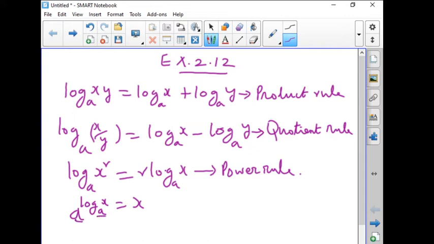We can also take it as e power log x is equal to x. Also we have the change of base rule. Log x to the base b into log b to the base a is equal to log x to the base a. So this is called the change of base rule. All this we have seen in our previous class.